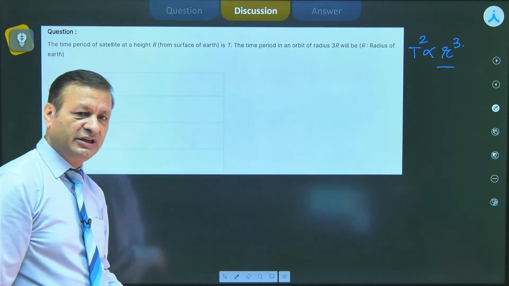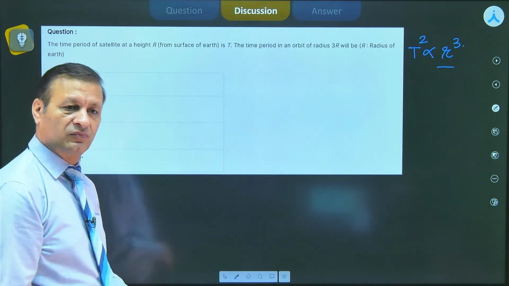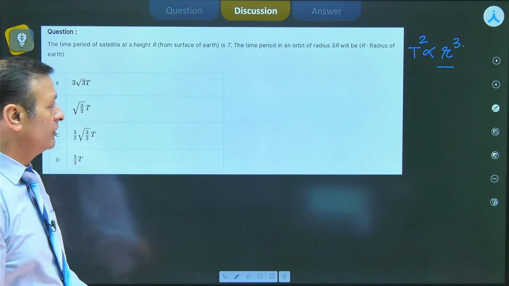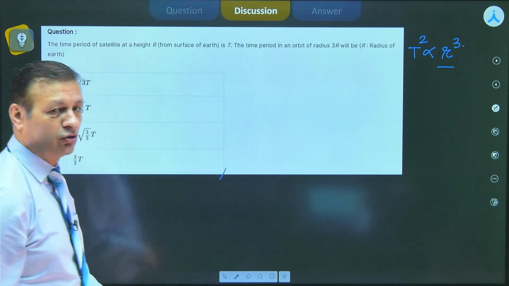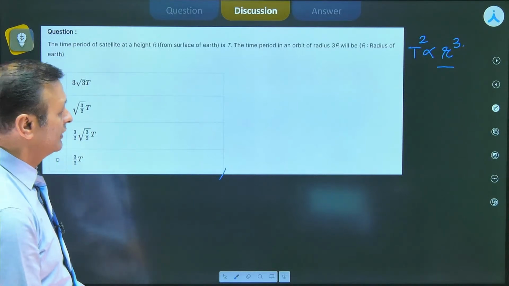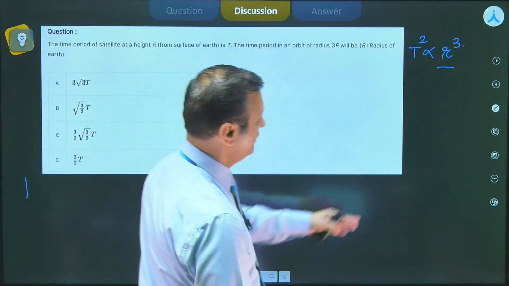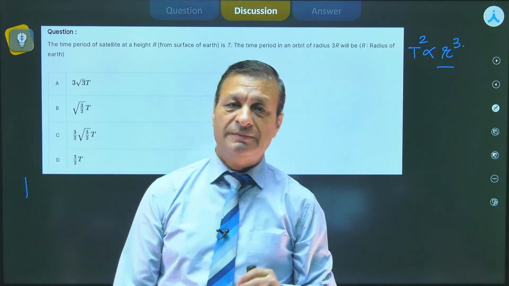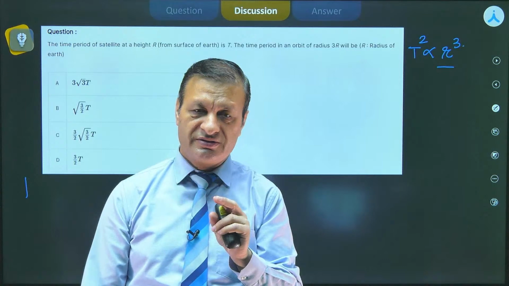This blue is clearly visible. So we can continue with the blue. Now what is the small r? Small r is basically the orbit radius.